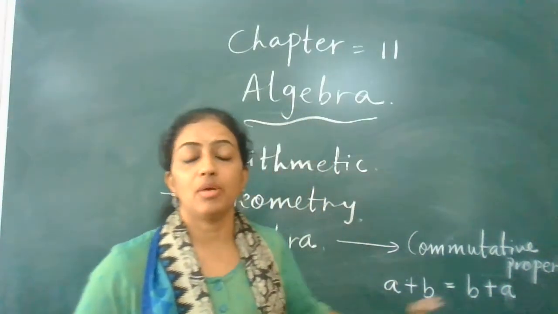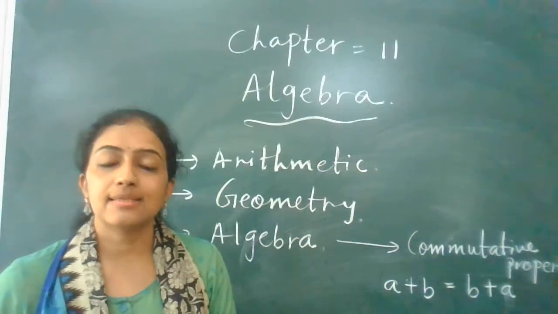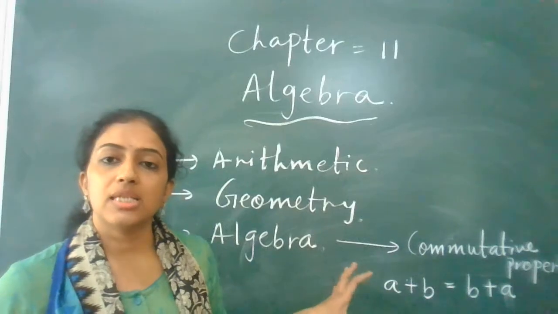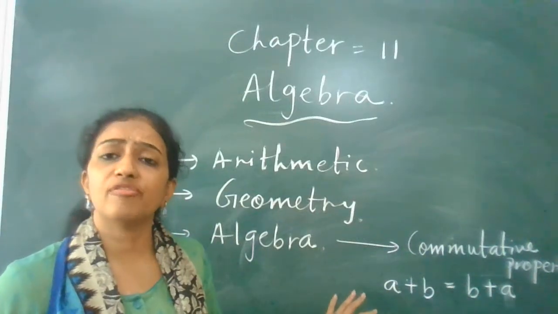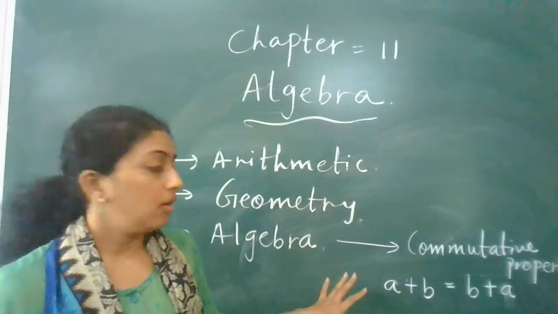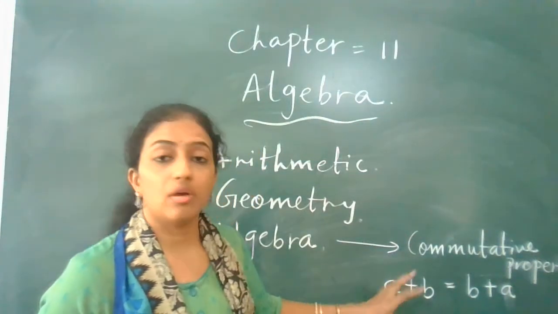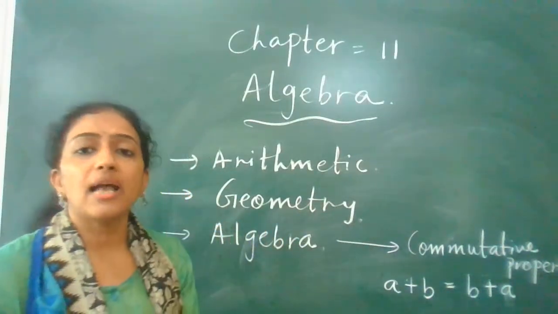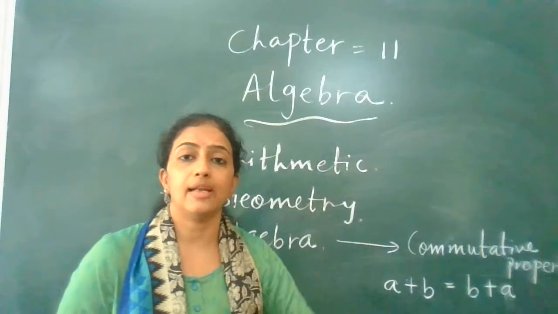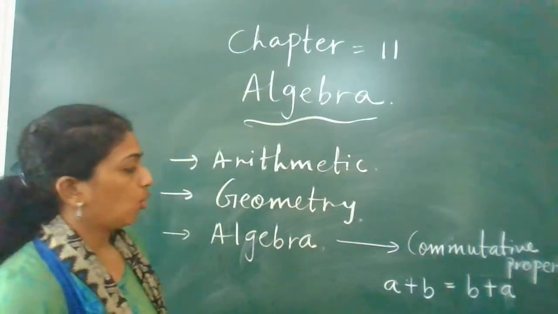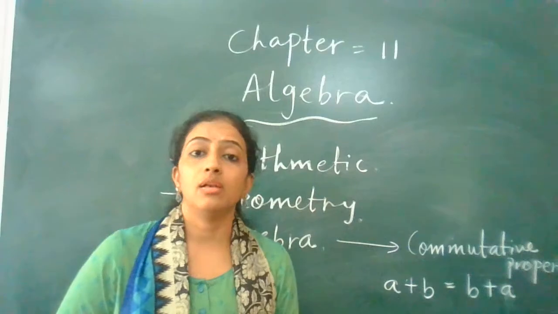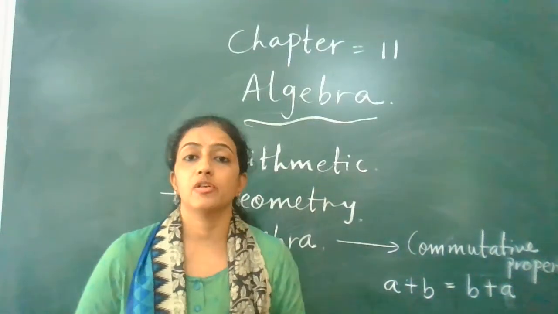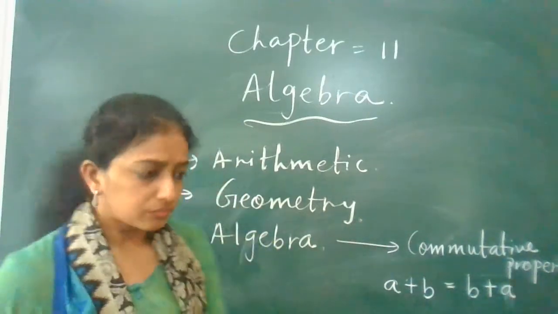I have used variables. Now I can use any small letter. It is not fixed that I have to use only A and B, but these are the ones used the most. Maximum formulas and general rules are presented by using these letters.